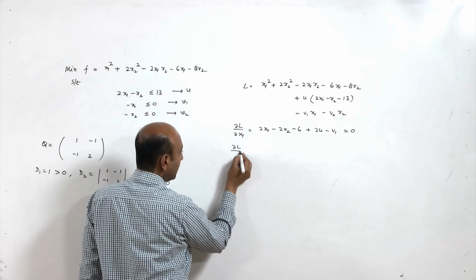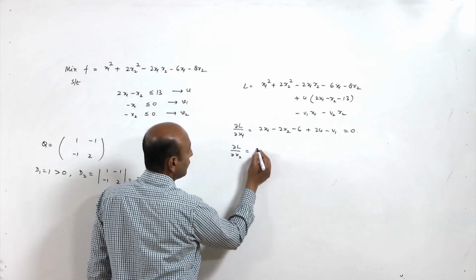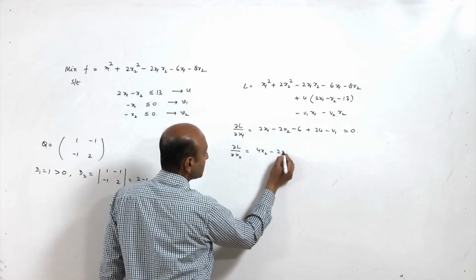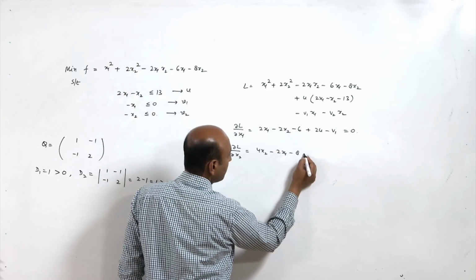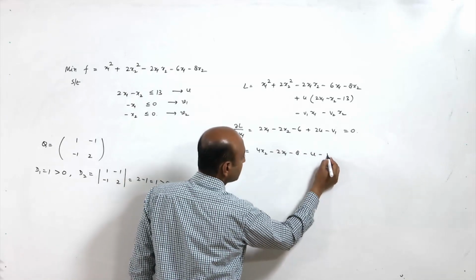And del L by del x2 is 4x2 minus 2x1 minus 8 minus u minus v2 equal to 0.